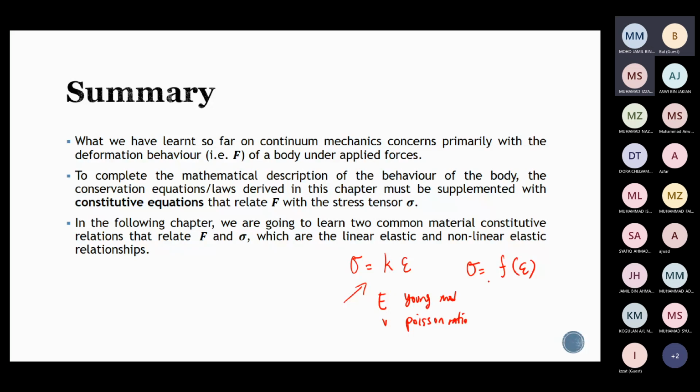And for non-linear elastic, the relationship is something like rubber material, or when the material exhibits plasticity. If you still remember the stress-strain curve, there is linear elastic, and then after that there is yield stress, and plasticity. So we are going to look very briefly at the material constitutive relationships. Okay, so that's it for today's class.